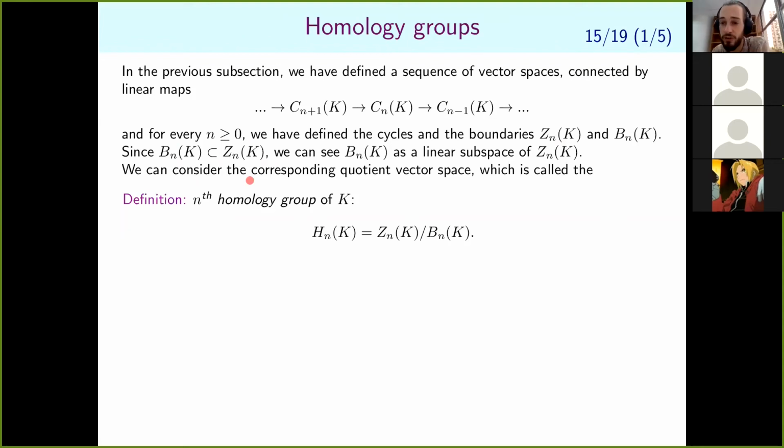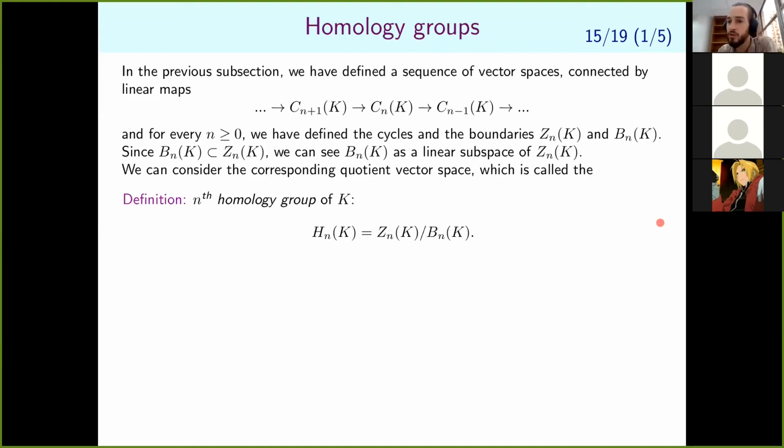And this quotient vector space is called the homology group of K, the nth homology group of K. So this is the definition. The homology group is the quotient vector space of the cycles modulo the boundaries.